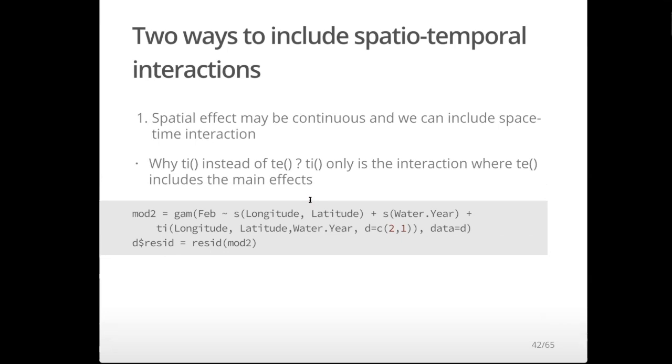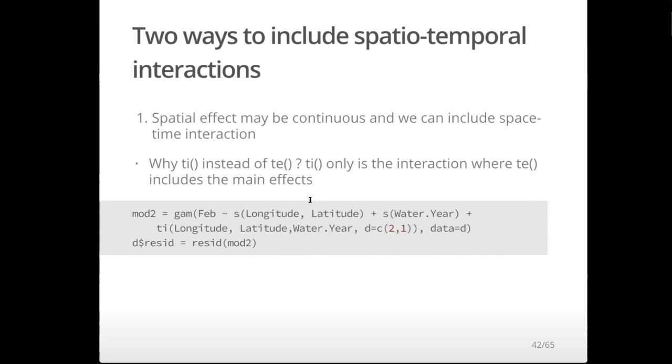In the last model, we had different spatial effects that were being estimated for each year of our data. In another case, we might think of the interaction between space and time as being continuous rather than discrete.